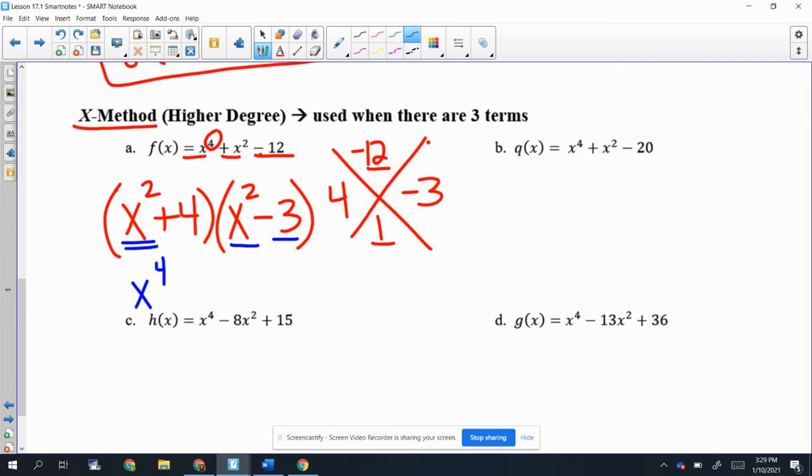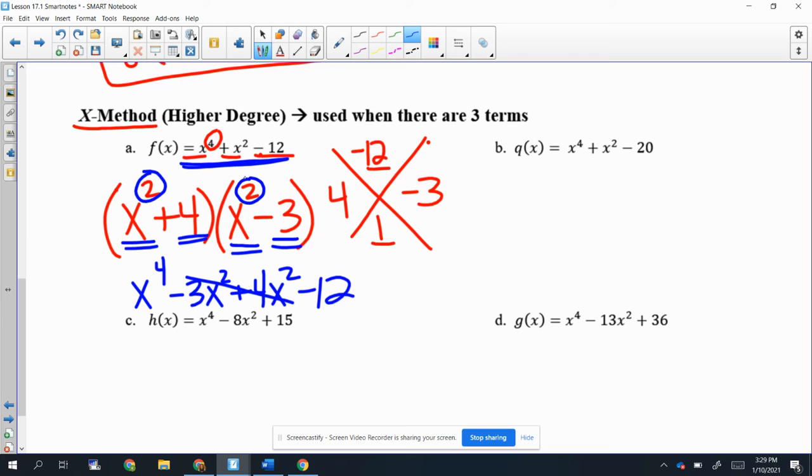And then if you kept going here, you'd get negative 3x squared, positive 4x squared. So that would give you this positive x squared, and then the minus 12. So you would end up getting what we originally started with. Okay, so just be aware of that, that really all you're doing is changing how you write your factors because you need the x squared there. Okay, so this would be your answer here.